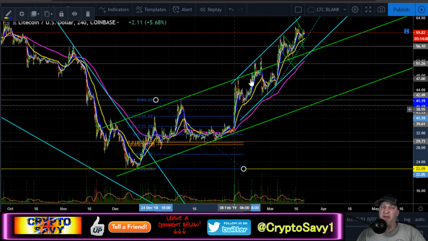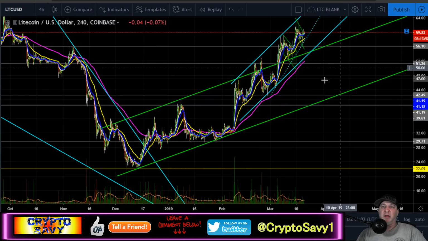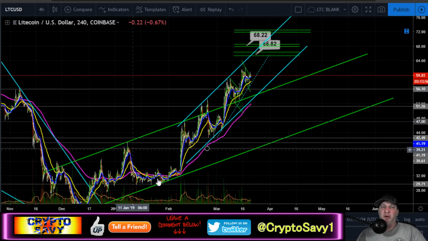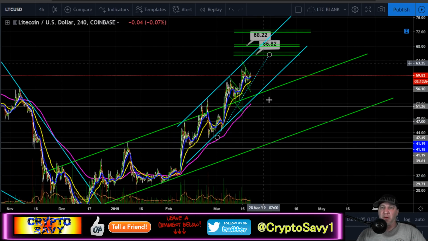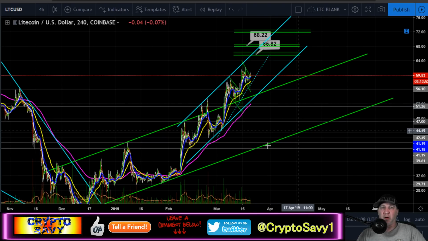So we bounced off that, and that's where I come to believe that this is a wave three we're making now. And as you guys know, I'm bullish, so obviously if this is wave 1, 2, 3, wave 4 could retrace all the way down as long as it doesn't go past wave 1, which is at 4110.